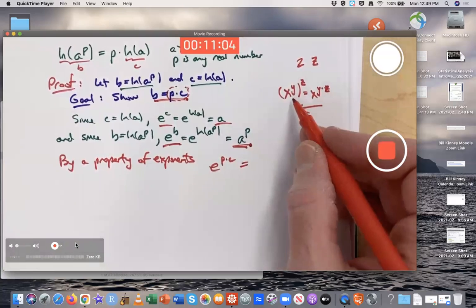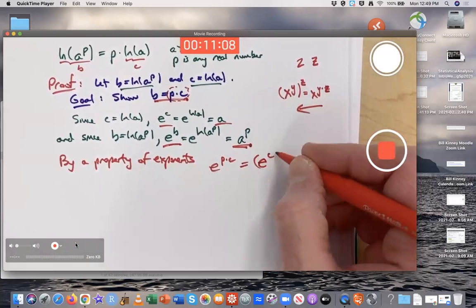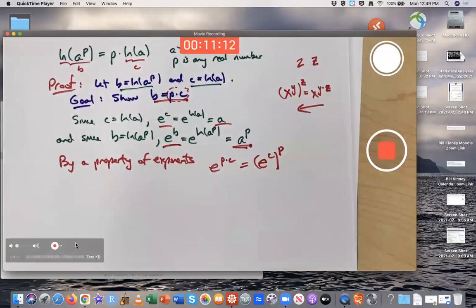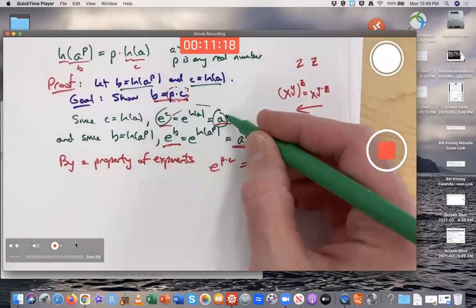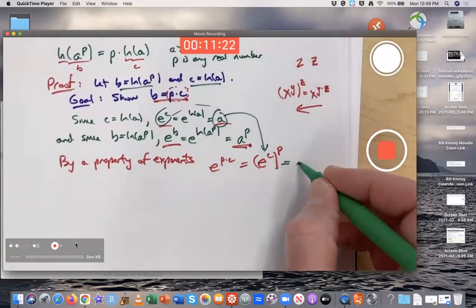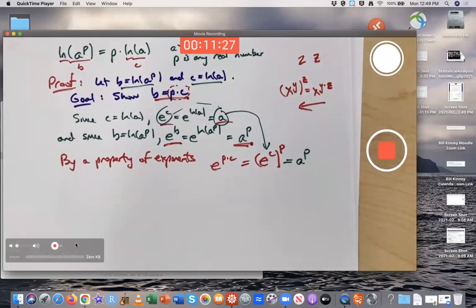Use the c for y because if you do, it'll look like this. And then you can use what you know. You can substitute. e to the c equals a. Therefore, you can replace that e to the c with a. Hey, cool. You're left with a to the p. I did what I wanted to do.